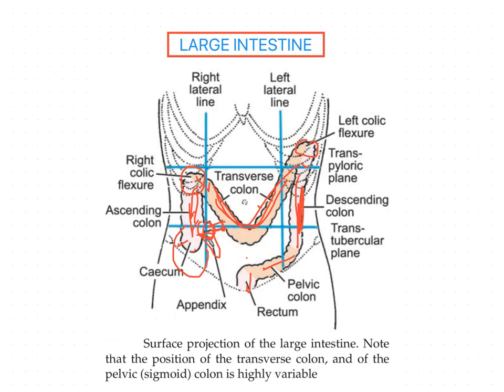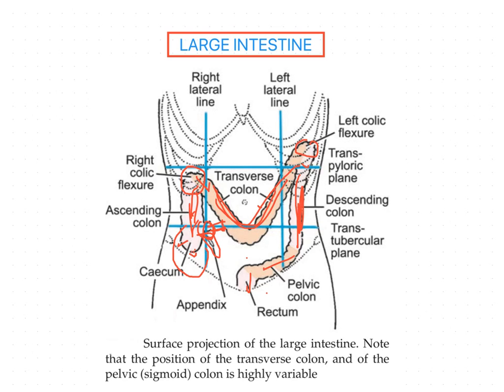The posterior aspect of the cecum is separated from the posterior abdominal wall by a recess of the peritoneal cavity called the retrocecal recess. The vermiform appendix often lies in this recess.